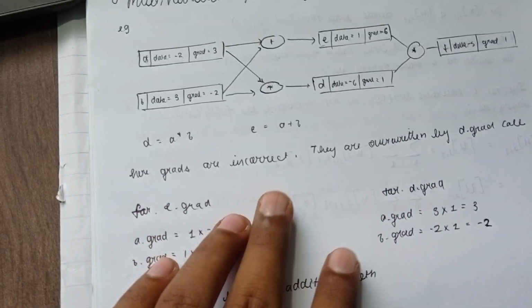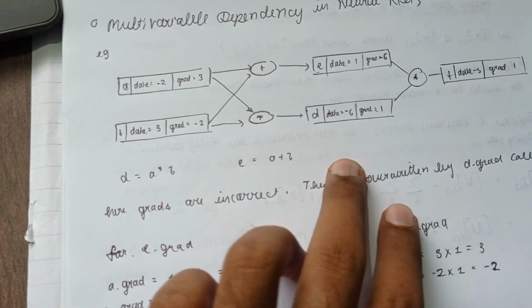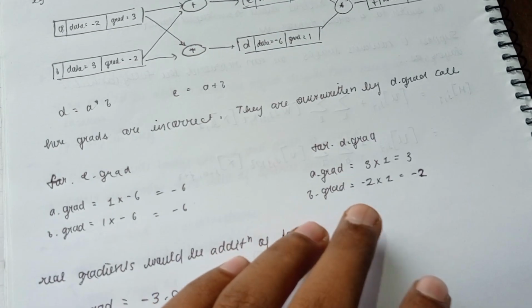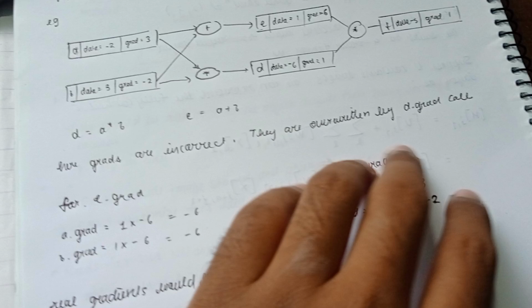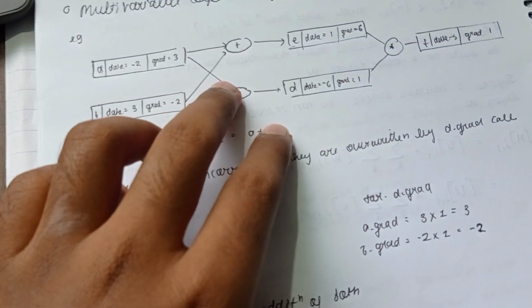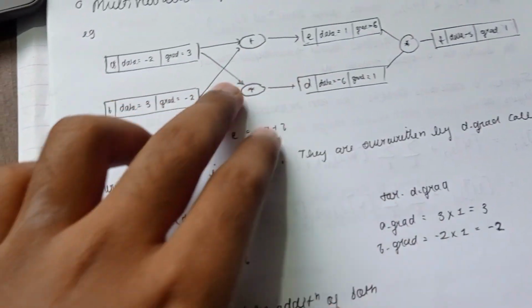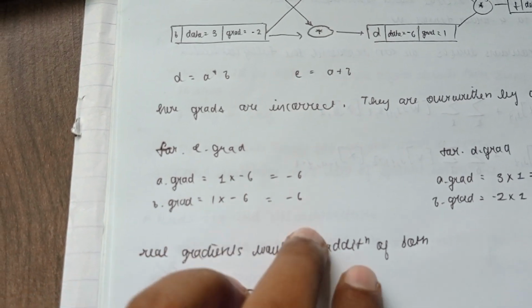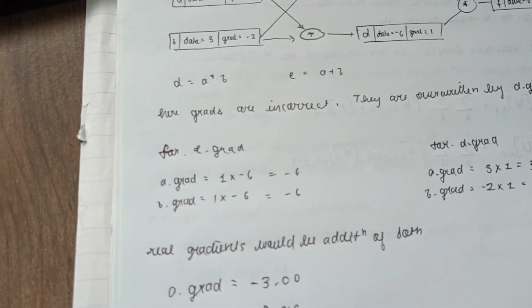So d is a into b and e is a plus b. Here the grads are incorrect because they are overwritten by d dot grad. First, e dot grad is called, which calculates a dot grad as minus 6 and b dot grad as minus 6 also.